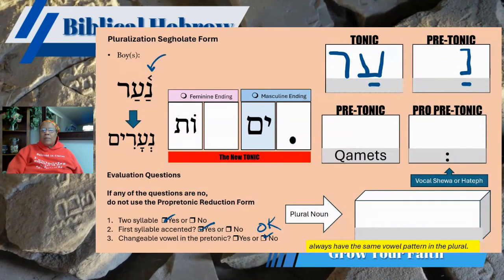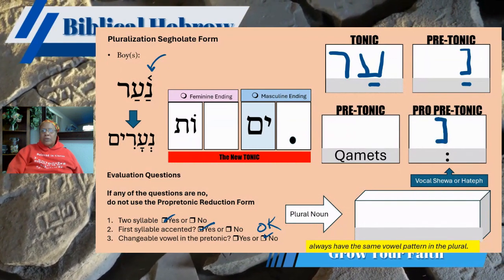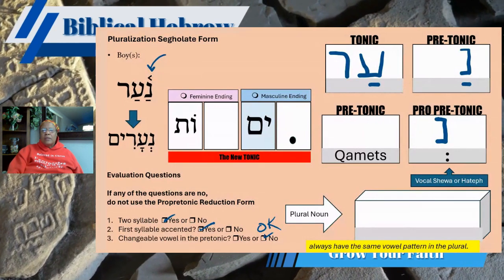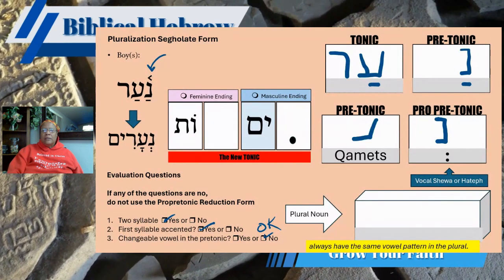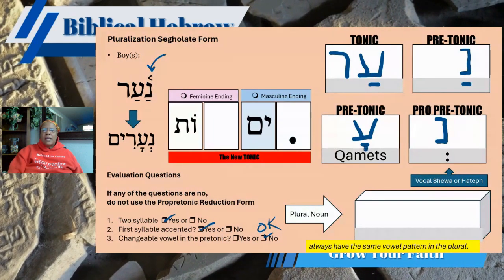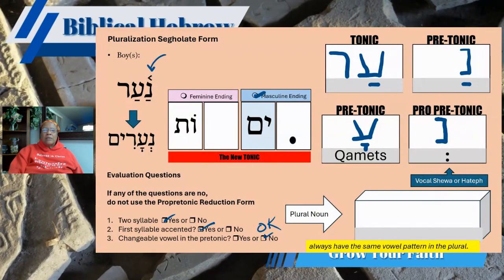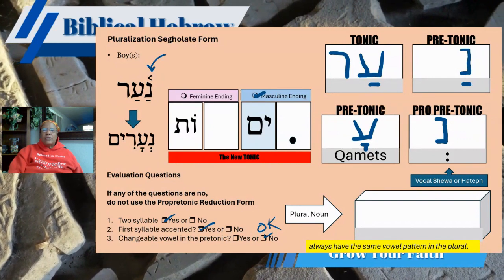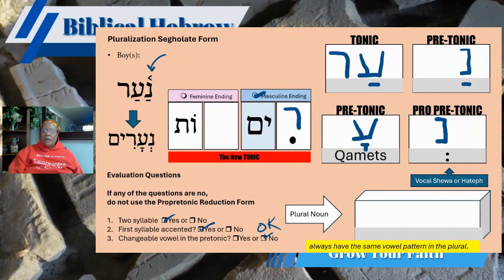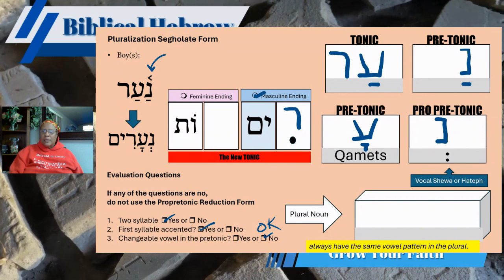So I'm going to bring down my problem. I have a noon that's going to turn into, that patach will reduce to a schwa. The ayin will become a kametz, and the resh, we discovered that it is masculine because of the dictionary, and the resh will be added to the new tonic and attached with the plural ending suffix.